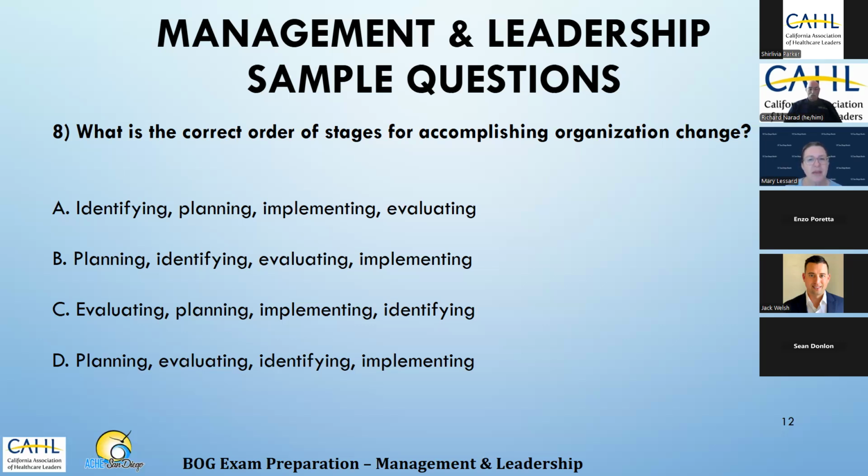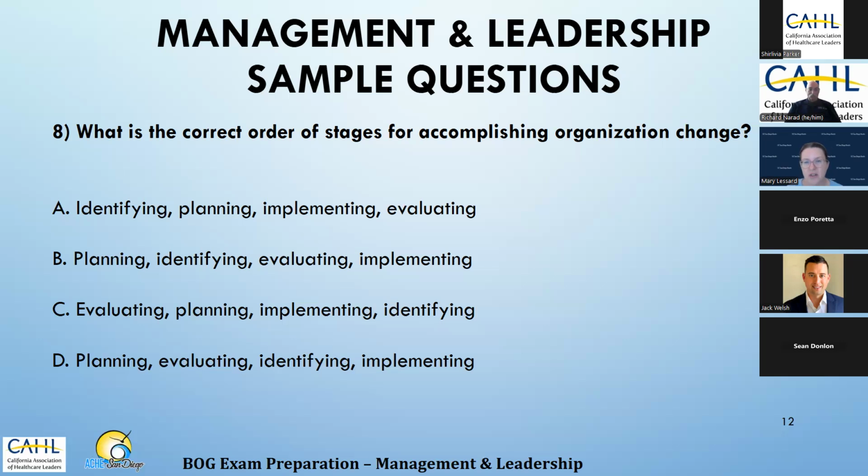C: evaluating, planning, implementing, and identifying. So C is the exact opposite order of A. Let's just keep it there for a minute and go down to D, see if we can eliminate it: planning, evaluating, identifying, and implementing. Again, I don't think you can plan and evaluate. Well, you could assess something to determine a problem, but I think that first word, planning, is a no-go for me.